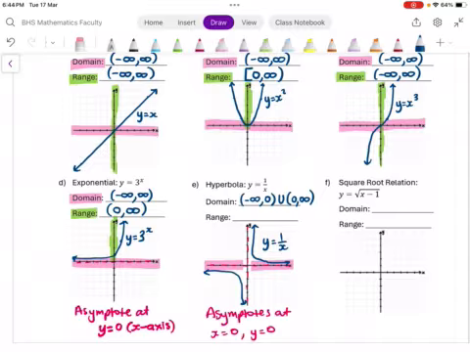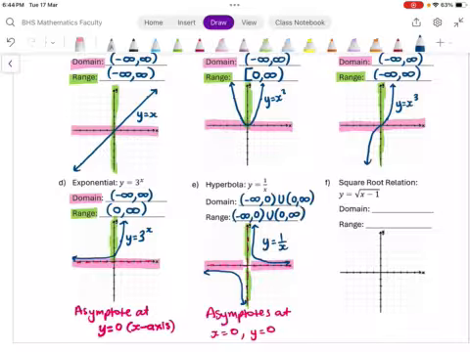So we use our union symbol, which is just a U, to put our two parts together. Now, our range is the exact same. It occurs for every y value apart from 0. So we have that it's negative infinity to 0 and 0 to infinity.